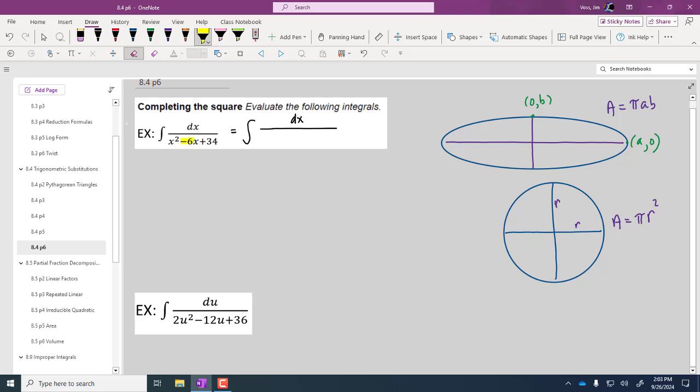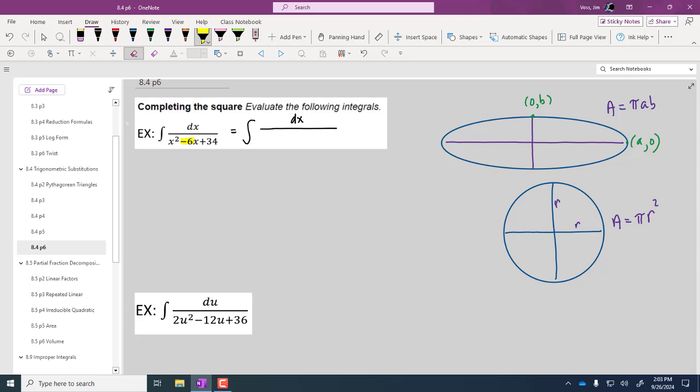We're going to think back. When you complete the square, what is the constant that we need for those two x terms to be a perfect square trinomial? What do we need for the constant? So we take the coefficient of x, divide it by 2, and square it.